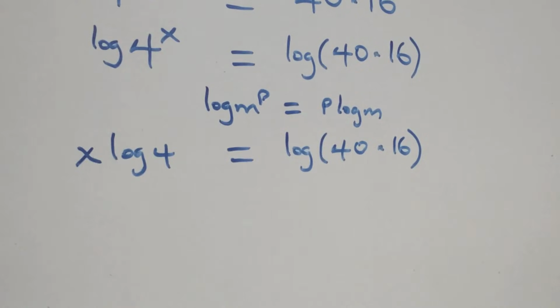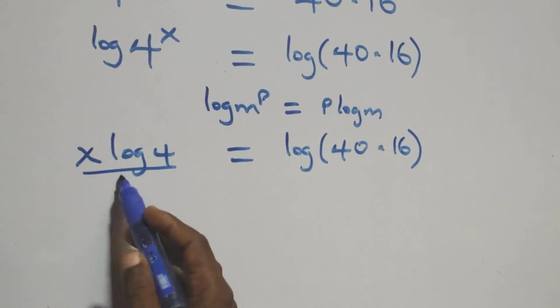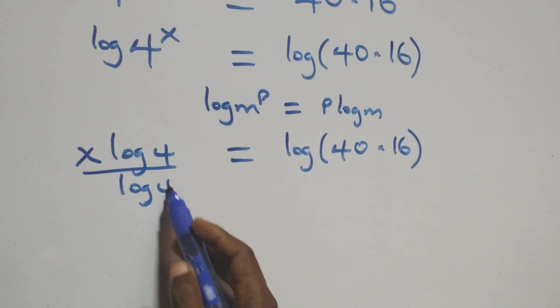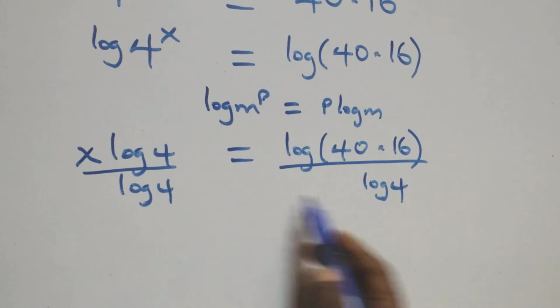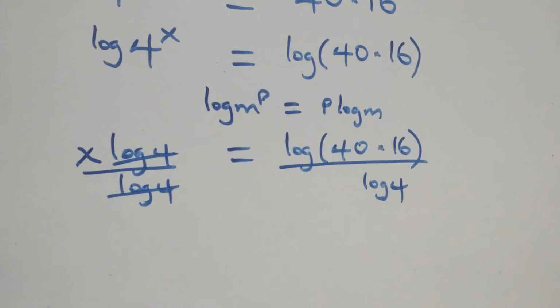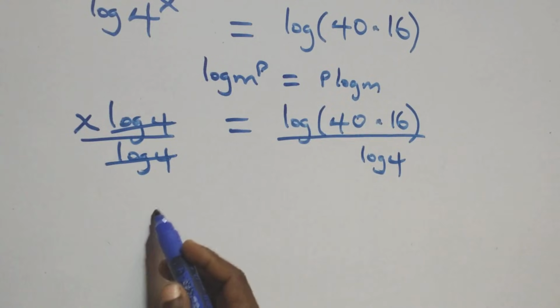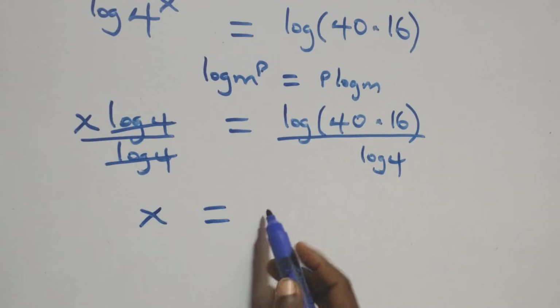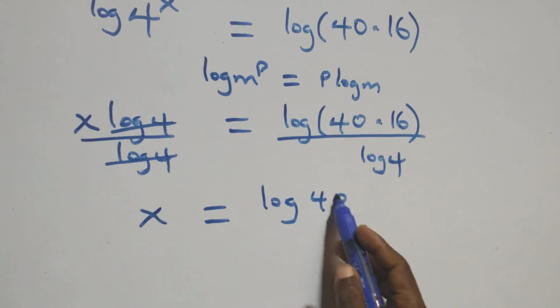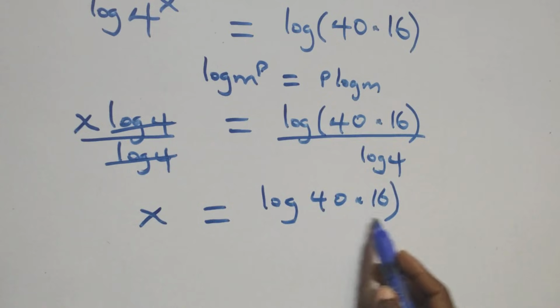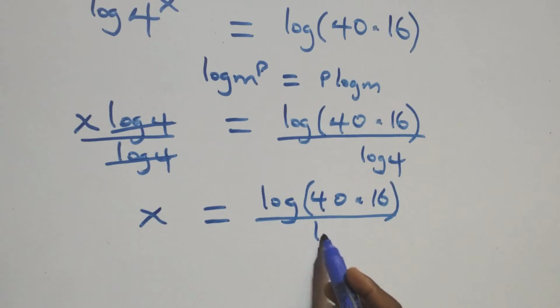Here we divide both sides by log 4. Divide this side by log 4, also divide this side by log 4, which implies that log 4 cancel each other here, and we have x equals log 40 times 16 over log 4.